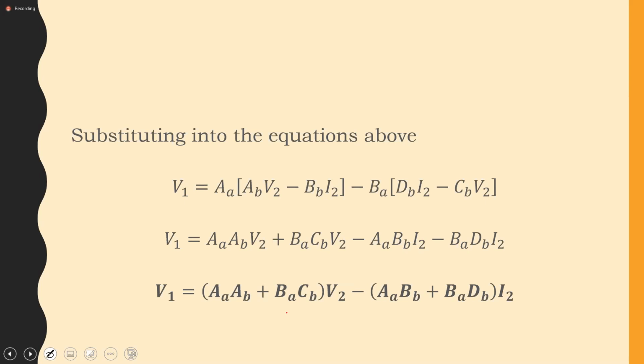So making the substitution for V1B, and I1B.